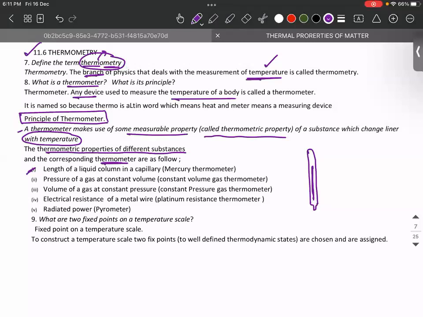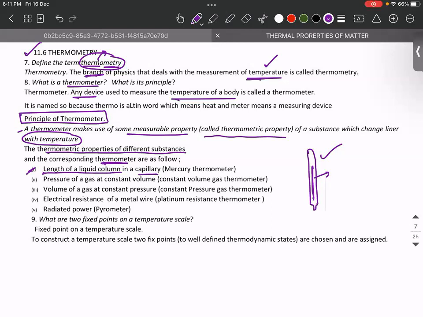In that you would have seen the mercury rise with the temperature. That mercury is placed inside a capillary tube, so the mercury thermometer works on the length of the liquid column in the capillary tube.